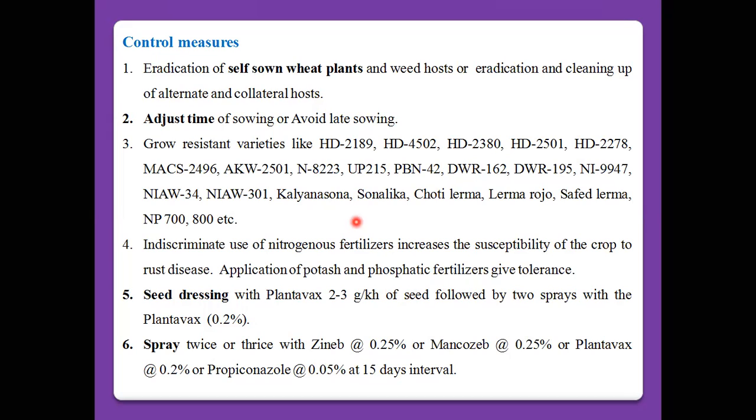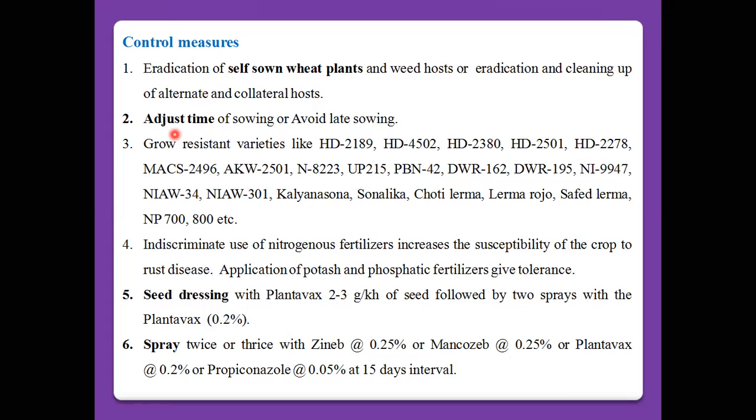So you can properly eradicate, to break down the chain of the aeciospores and pycniospores present on the alternate host. Suppose any one spore is not developed, then this life cycle cannot complete.